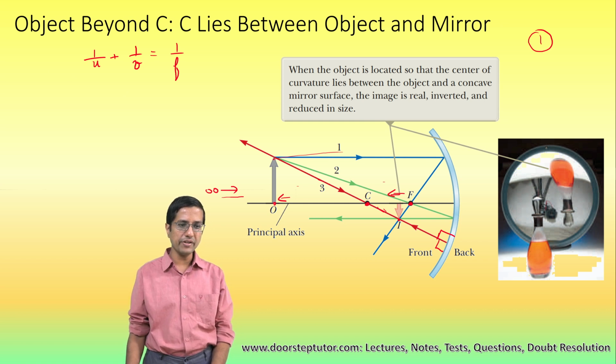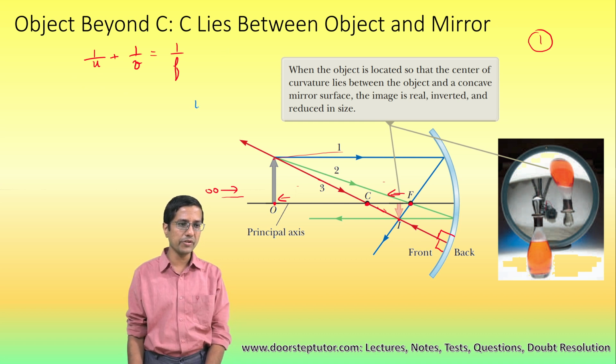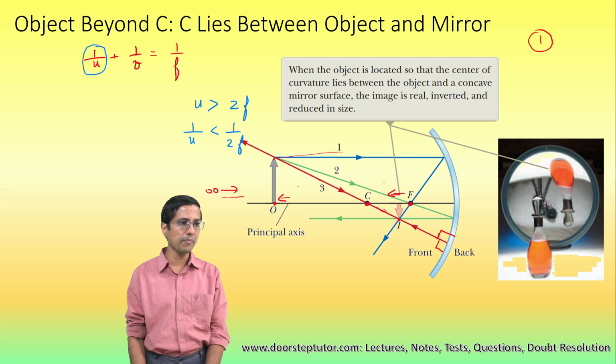The first thing we understand is that I am doing this with u greater than 2f. It is even beyond the center of curvature, which means that 1 by u is less than 1 by 2f. Now this quantity here is 1 by u.